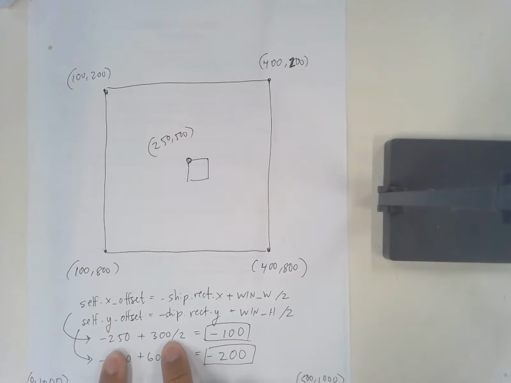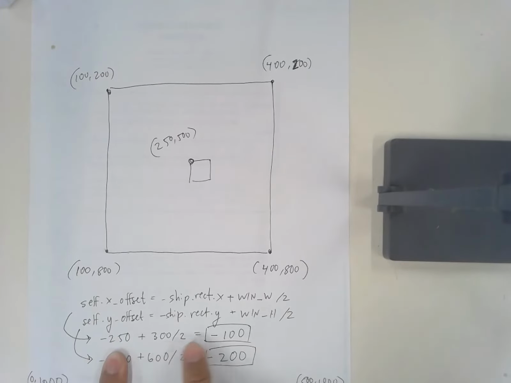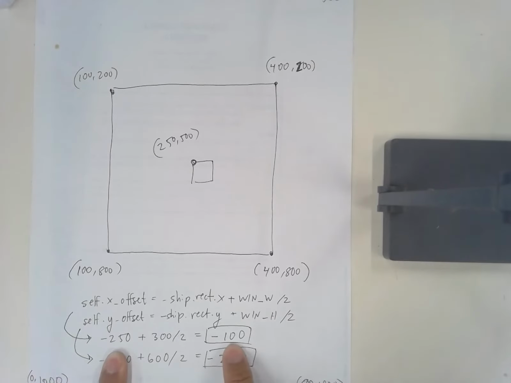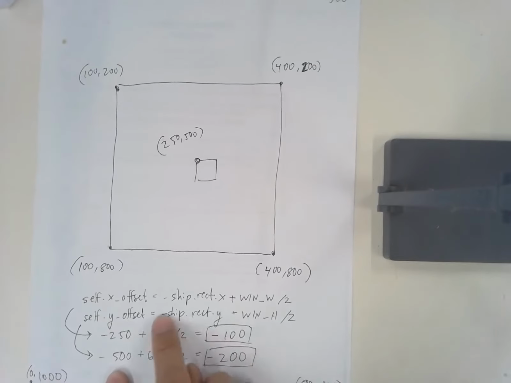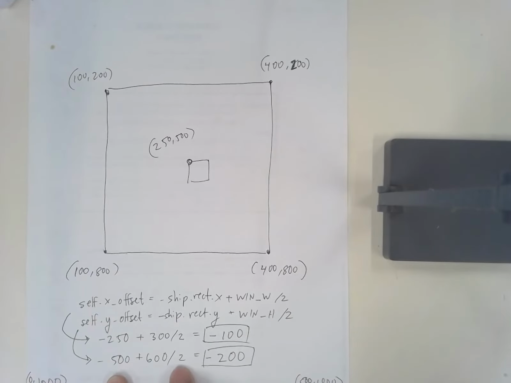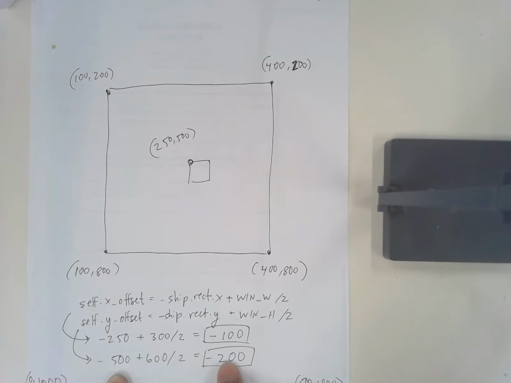So negative 250 plus positive 150 gives you negative 100. That's our x offset. Very important, right? Then we run the calculation for y offset, and we have an inner window of 600 divided by 2, so that becomes 300. Plus a negative 500 gives us negative 200. So our x offset and our y offset.